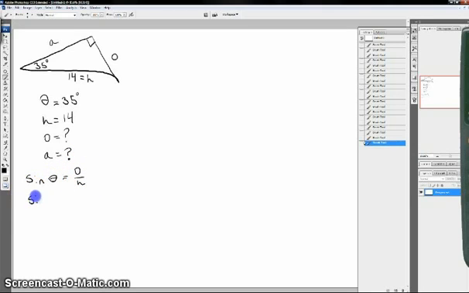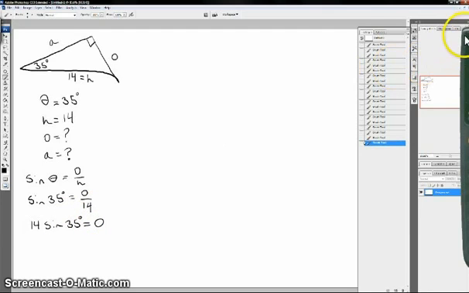And so the sine of 35 degrees is equal to the opposite over 14. If I multiply both sides by 14, I'll get 14 sine 35 degrees is equal to the opposite.